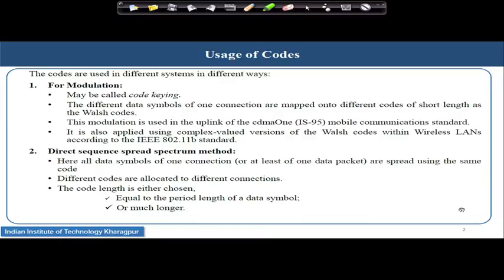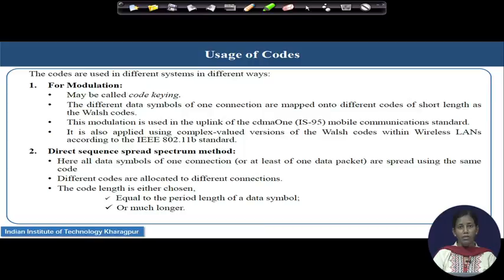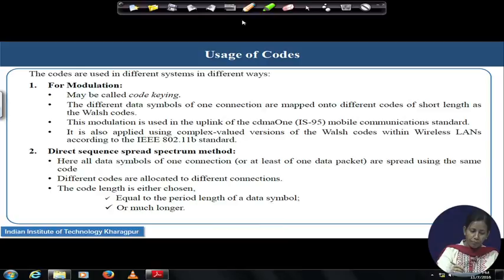So, the way codes are used in spread spectrum communication systems may be broadly classified into two ways. One is for modulation, which we call code keying. When codes are used for modulation, you take each data symbol of a user, or a single connection, and each of these symbols is mapped into a different code.